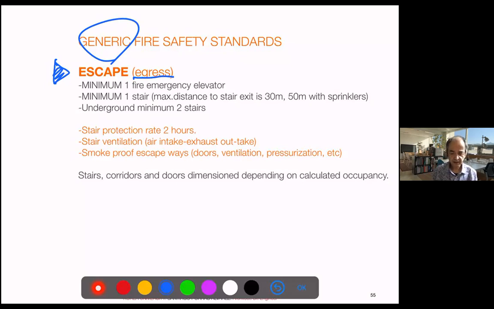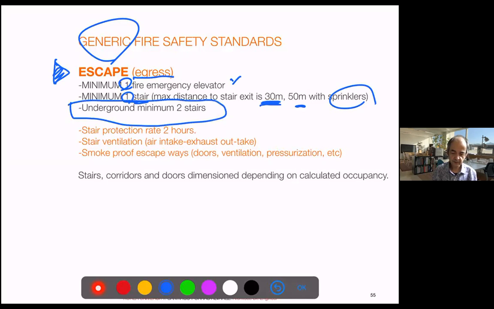But usually you need at least one fire emergency elevator. This is Korean. At least one stair, right? And a maximum of 30 meters from any escape point. If you have sprinklers, you may have 50 meters. And this is in Korea, depends on the codes, but underground floors need 2 stairs, right?